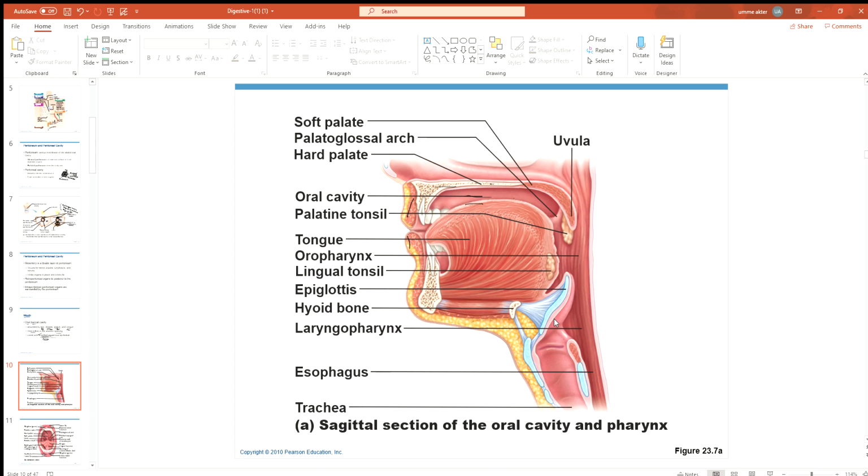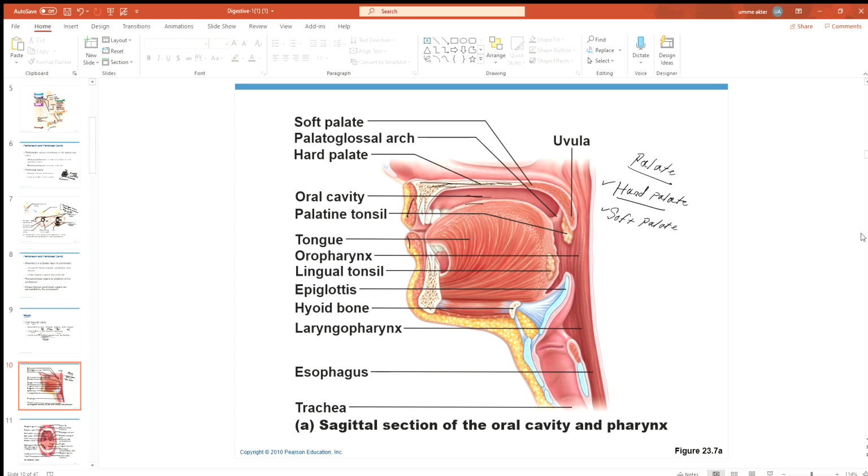And now if you see, the palate has two parts. You see here, this part is bony part, which is called the hard palate. Hard palate is the bony part, and soft palate is muscular part. So palate has two parts, hard palate and soft palate.